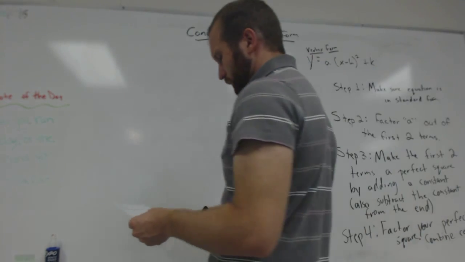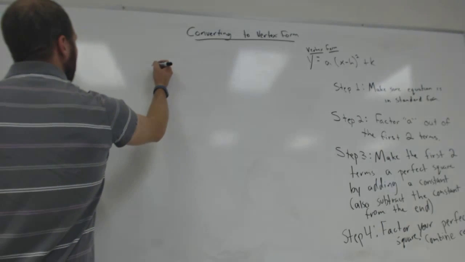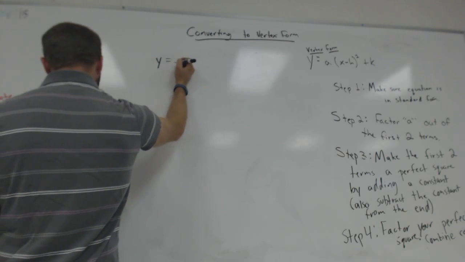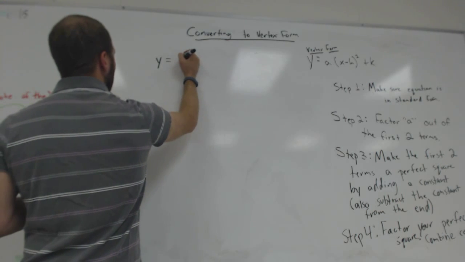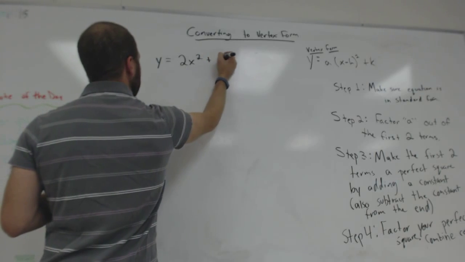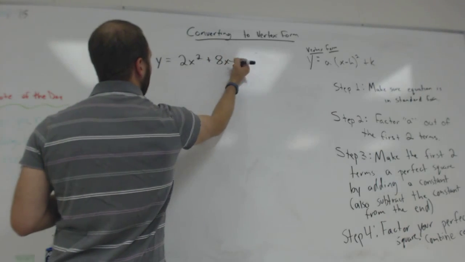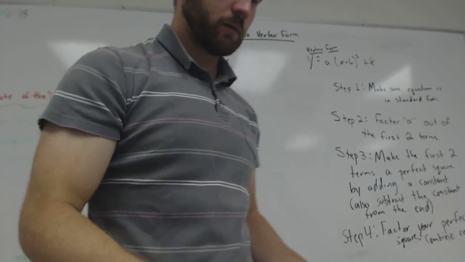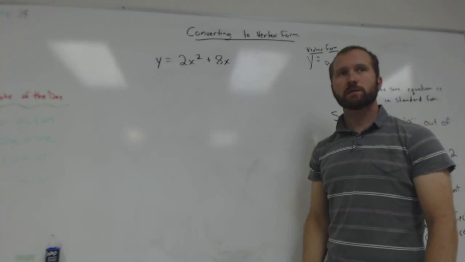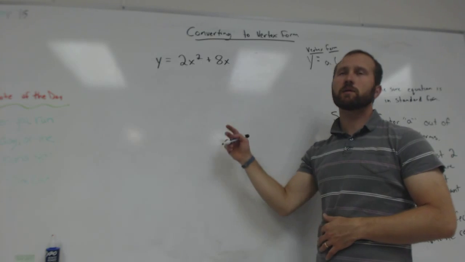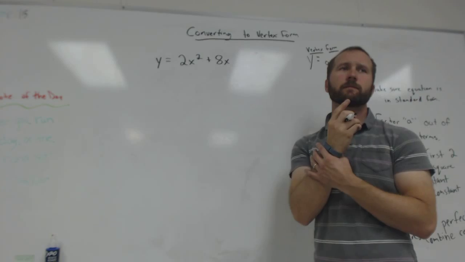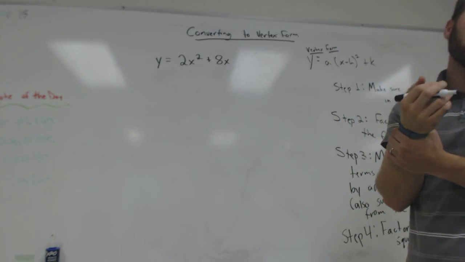Let's do this example. y equals 2x squared plus 8x. All right. This one's a little funny because there's no C. C is 0.